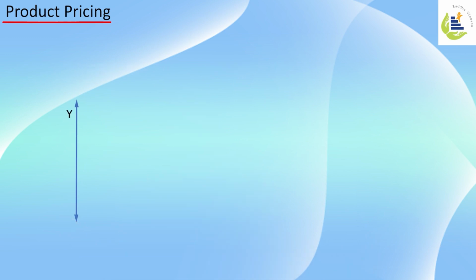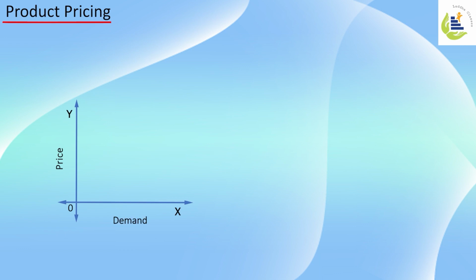The price of a product is determined through demand forces and supply forces, demand quantity and supply quantity. So let us understand with a small graph how the price of the product is determined. Let's say on the y-axis we have the price of a commodity and on the x-axis it is quantity.